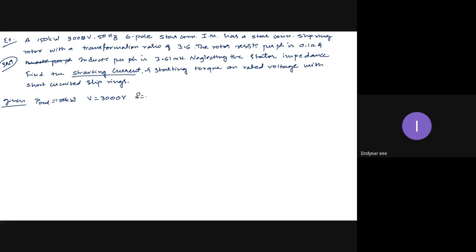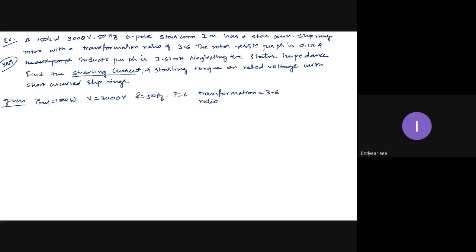F is equal to 50 hertz. Number of poles is equal to 6. A star connected slip ring rotor with a transformation ratio of 3.6.